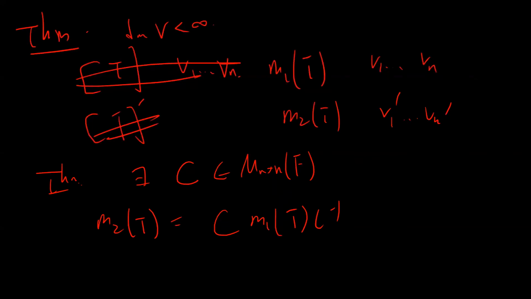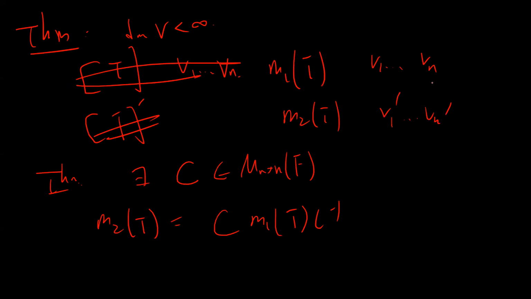So the key is to find C. This should not be difficult. The idea is that let's define a linear transformation S such that S(V1) is V1 prime, S(V2) is V2 prime, up to S(Vn) is Vn prime.